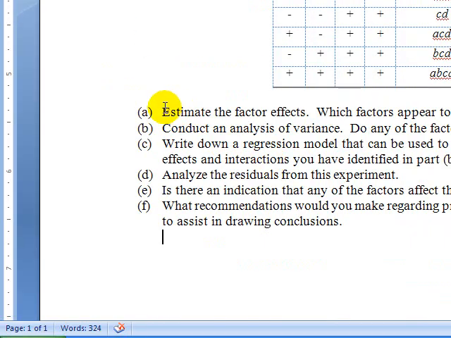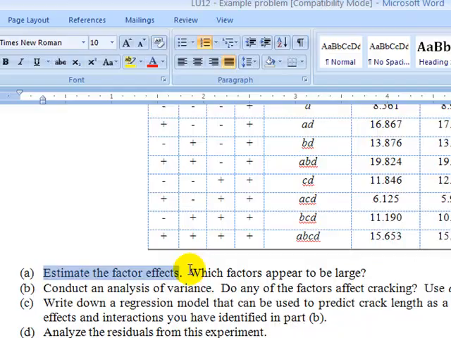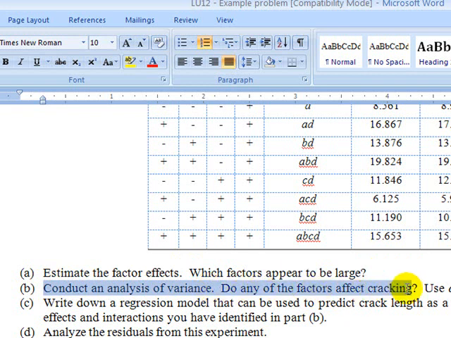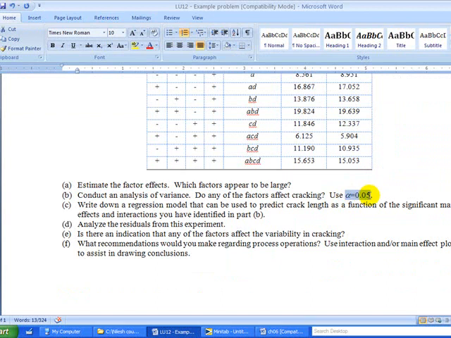For example, here it says estimate the factor effects, which factors appear to be large, right? Next is conduct an analysis of variance, do any of the factors affect cracking, and we will do that at an alpha value of 0.05. Then it says write down a regression model that can be used to predict crack length as a function of the significant main effects and interactions you have identified in part B.